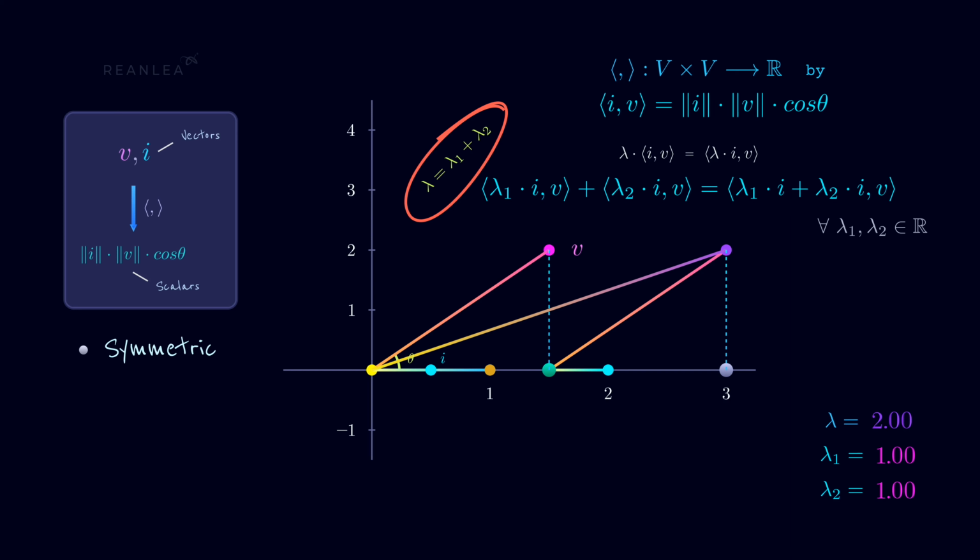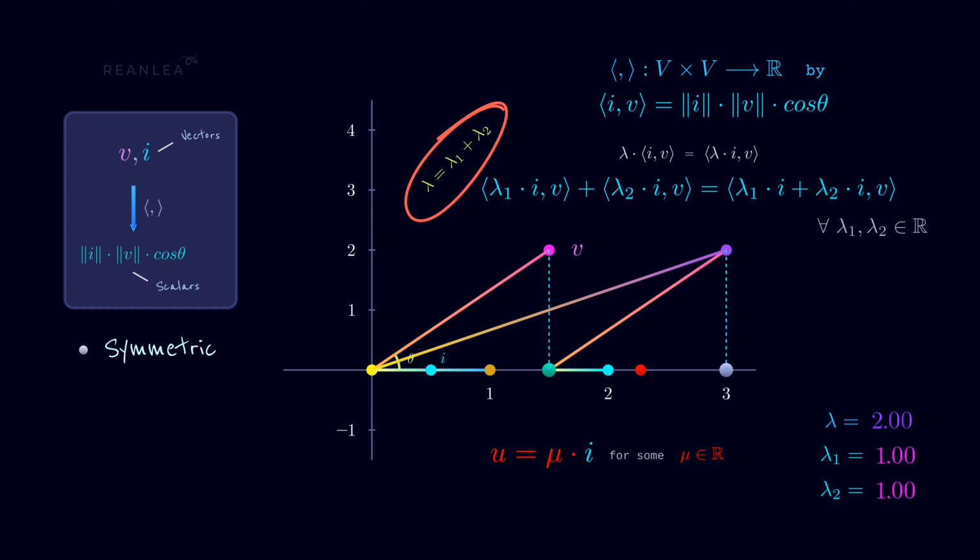Again we know that all the vectors on the x-axis can be expressed as some scalar times the unit vector along the x-axis. That is, for any arbitrary vector u along the x-axis, we have u is mu times I for some mu in the scalar field R.